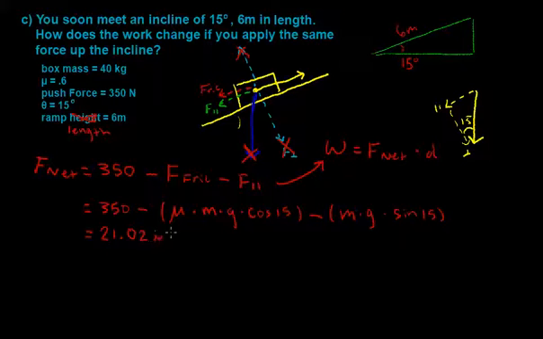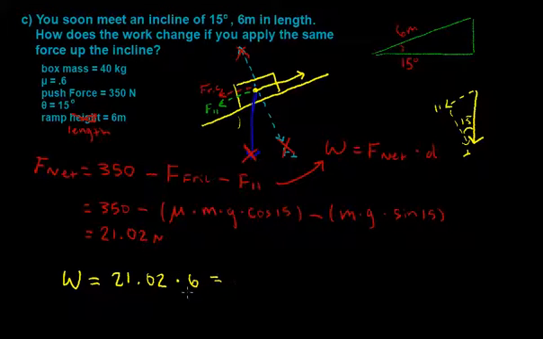And that is going to be 21.02 newtons, which is significantly less than the previous parts. So we are just going to plug in this net force into our work, and this is going to equal 21.02, and then we've just been pushing this box along the entire length of the ramp, 6 meters, so that is simple enough.